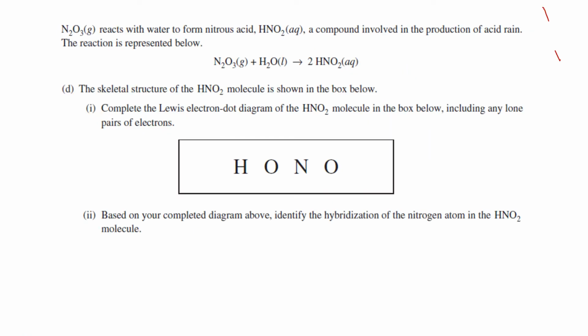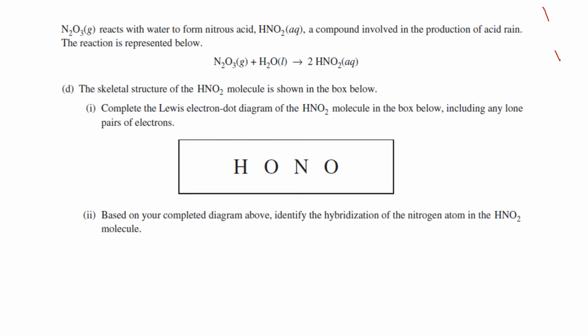So in part D of this problem, we see that our product from the last part, dinitrogen trioxide, reacts with water to form nitrous acid, and they've given us the reaction below in part I. They want us to complete the electron dot diagram of the molecule, including any lone pairs of electrons.